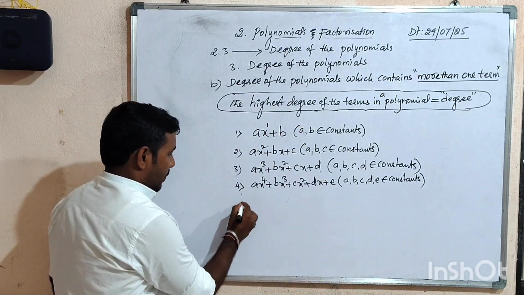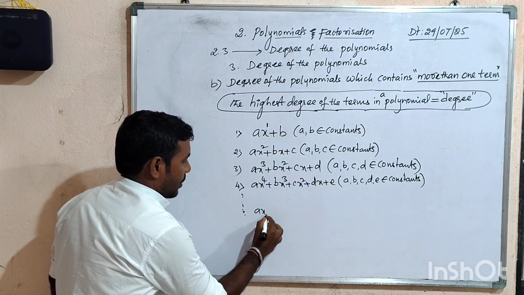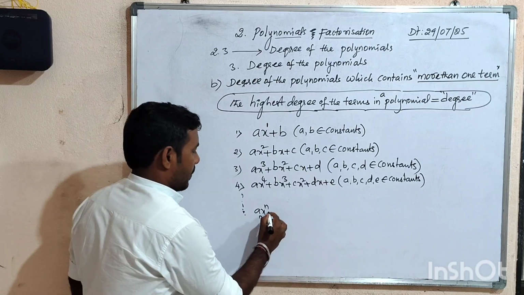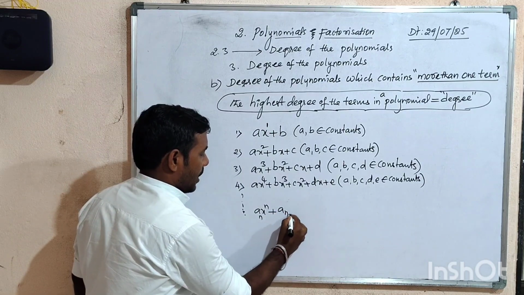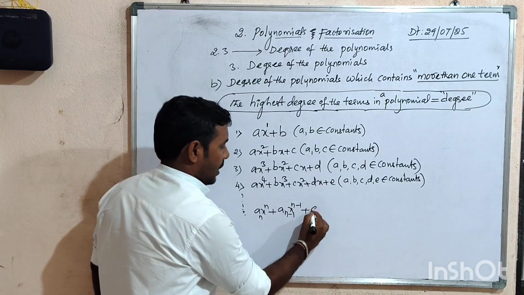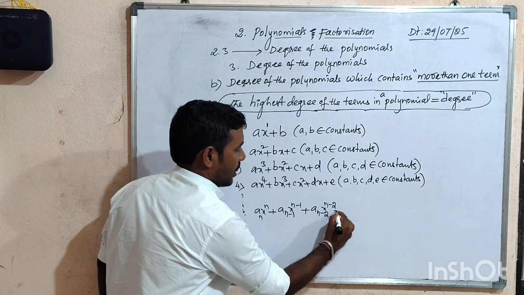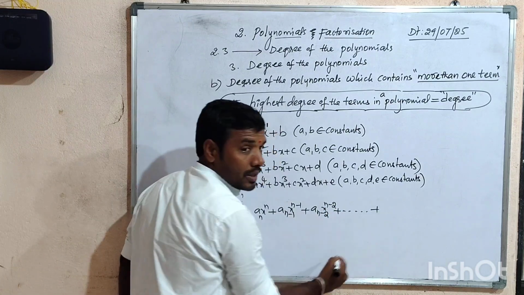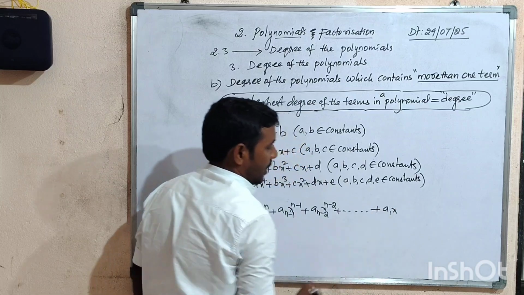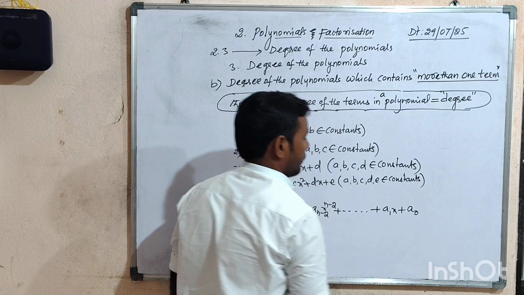In such a way, we can write one more: a n x to the power of n plus a n minus 1 x to the power of n minus 1 plus a n minus 2 x to the power of n minus 2, dot dot dot, plus a 1 x plus a 0.